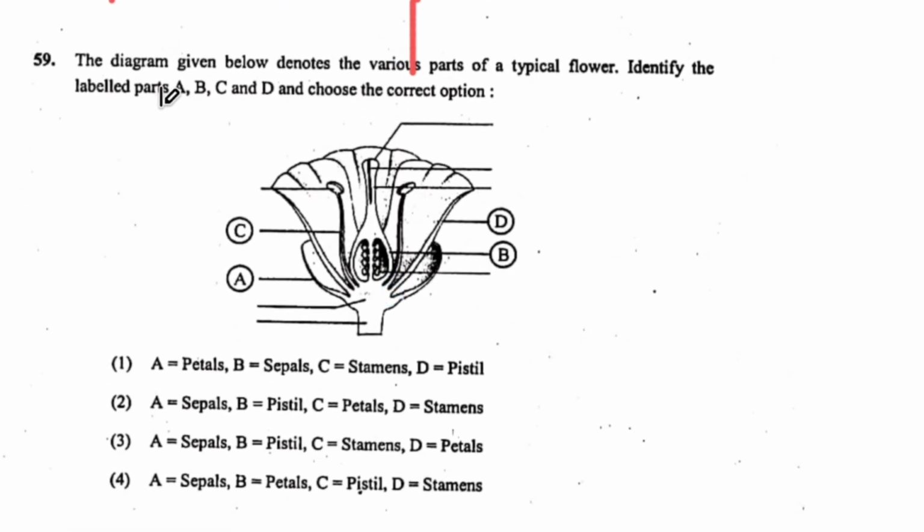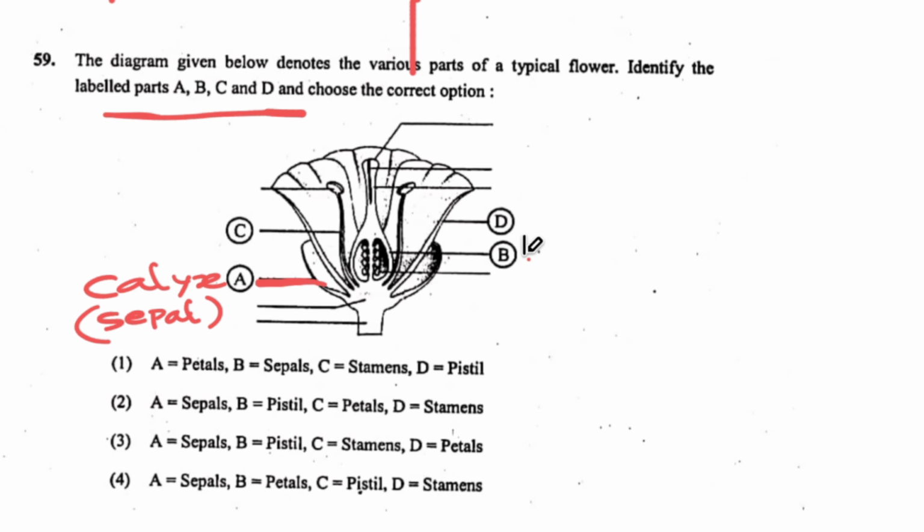Again, in this question, they have given a diagram. All you need to do is label the things. A here, which is given here, that is the outermost part, that is calyx, that is sepals. Then B, they have given a pistil, the centermost part, stigma, style, ovary, so that is a part of the pistil.